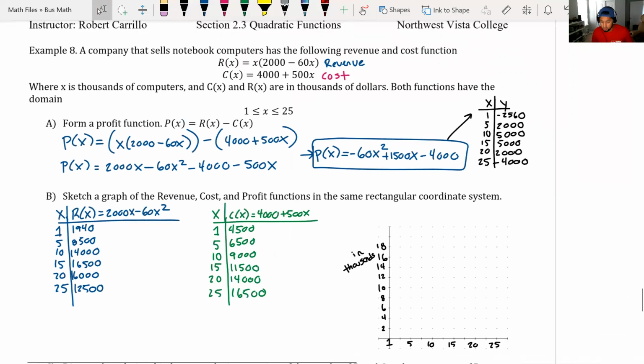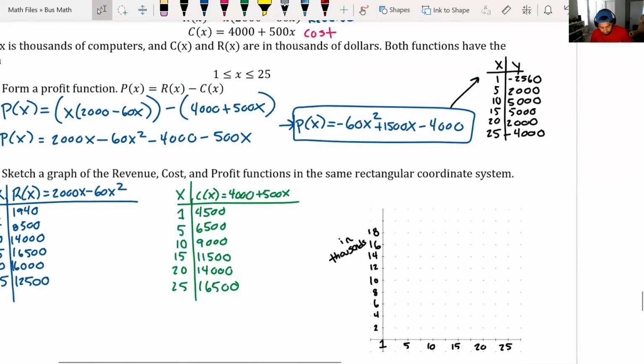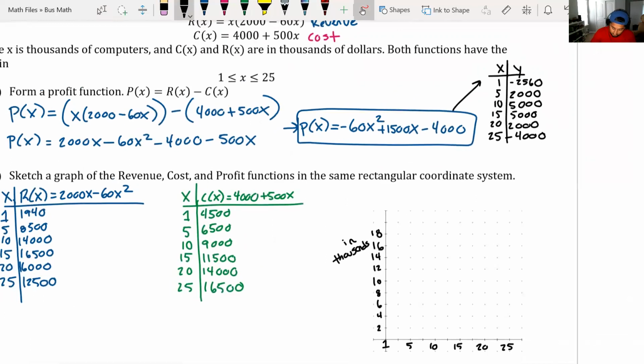Okay, revenue was blue, so we'll start with that. It's a sketch, doesn't have to be perfect. 1 and 1,940, 5 and 8,500, somewhere around there. 10 and 14,000 exactly.